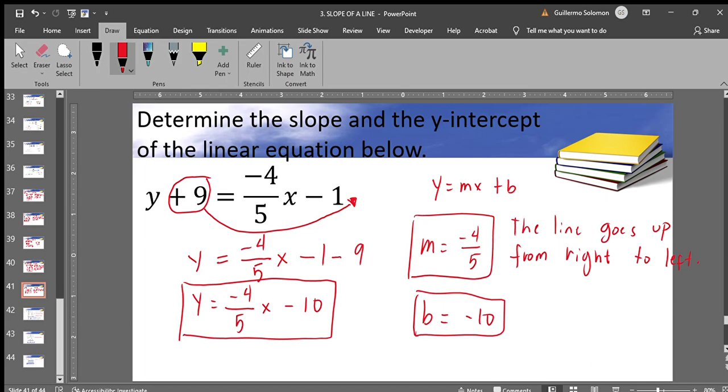Meaning to say at 0, negative 10 coordinate, the graph will intersect on the y-axis, on the coordinate 0, negative 10. And that's how we transform some equations into slope-intercept form, and then identifying the slope, the graph, and the y-intercept of that equation.